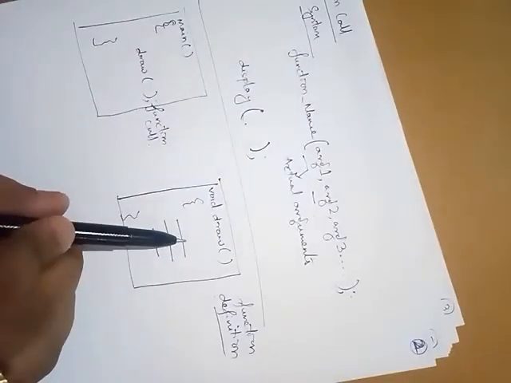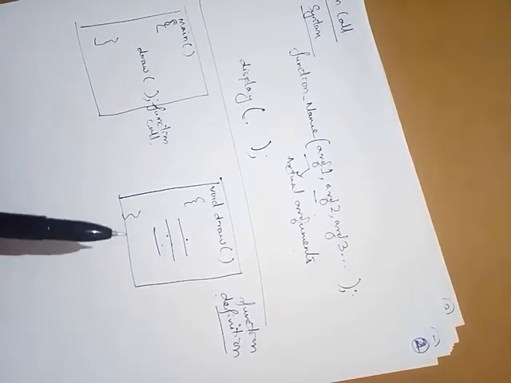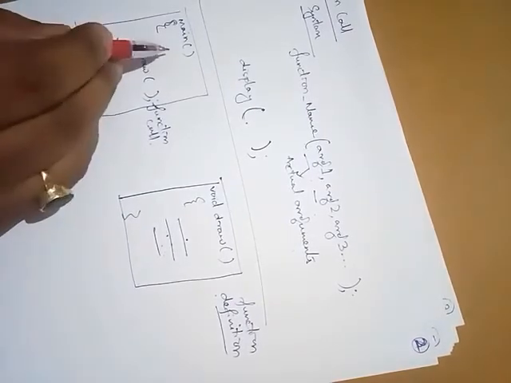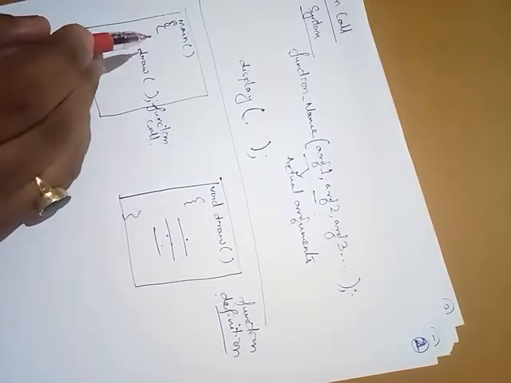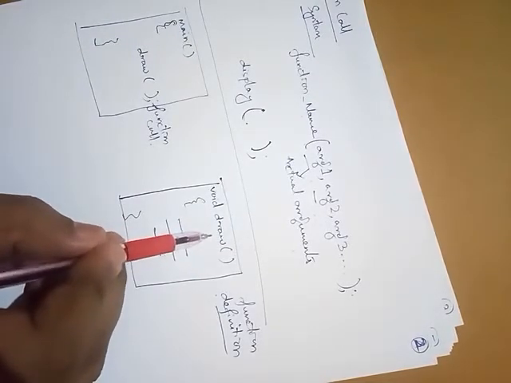Function definition part and function call part. Here I have used two different terms. One is the calling function, another one is the called function. Here main function is the calling function and draw function is the called function.